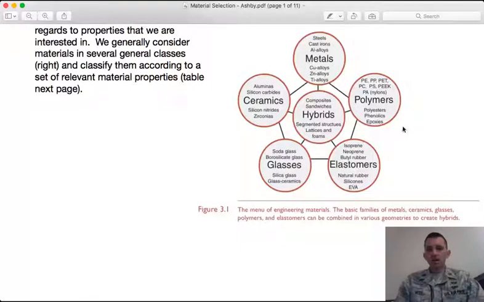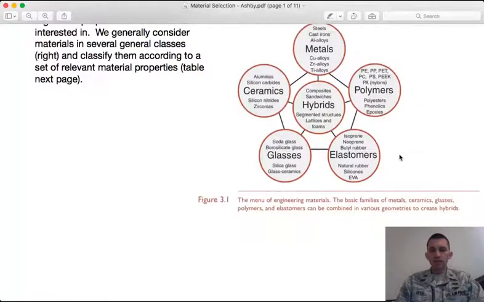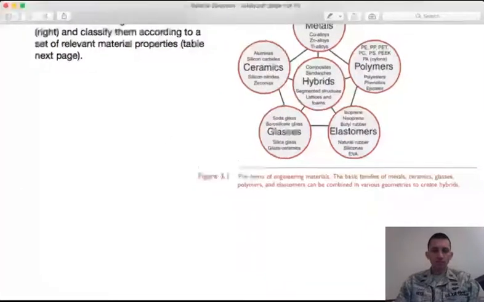And then also splits out polymers into polymers and elastomers, right? So remember, elastomers are characterized by much larger degrees of elastic deformation due to cross-linking, and then the hybrids is what he uses to describe the composites that we covered.